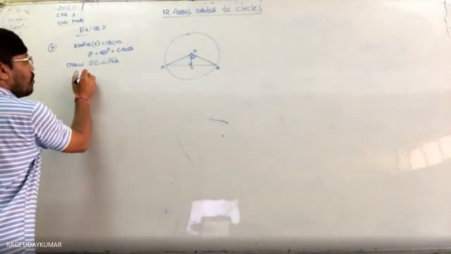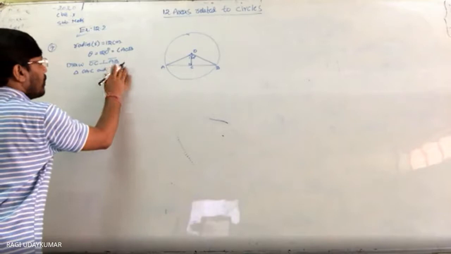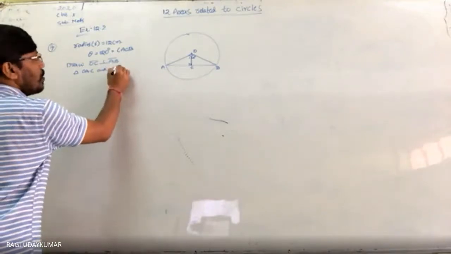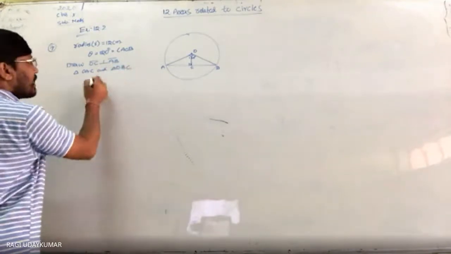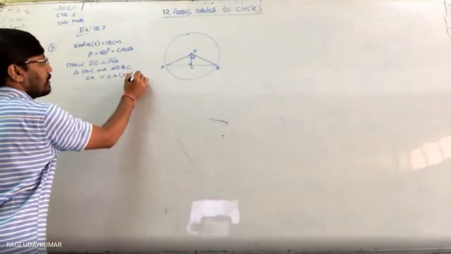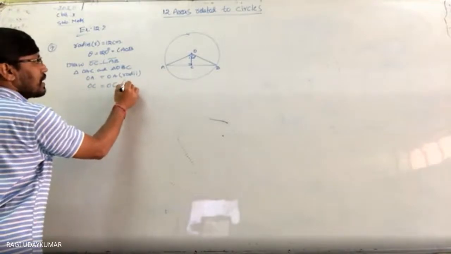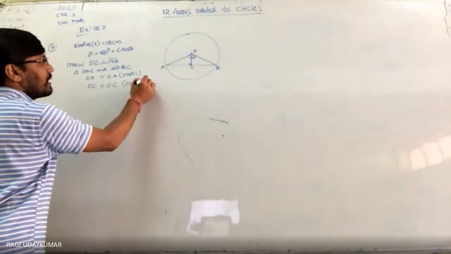So what can you say here? In triangle OAC and triangle OBC, OA is equal to OB, this is the radius. OC is equal to OC, this is common in both the triangles.